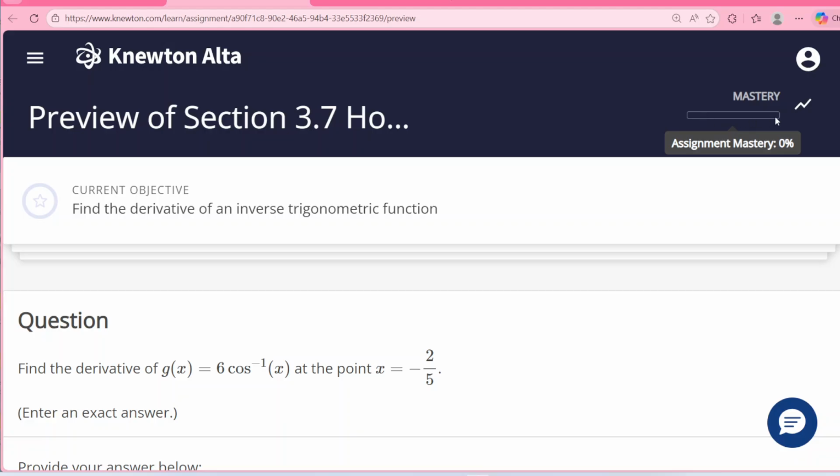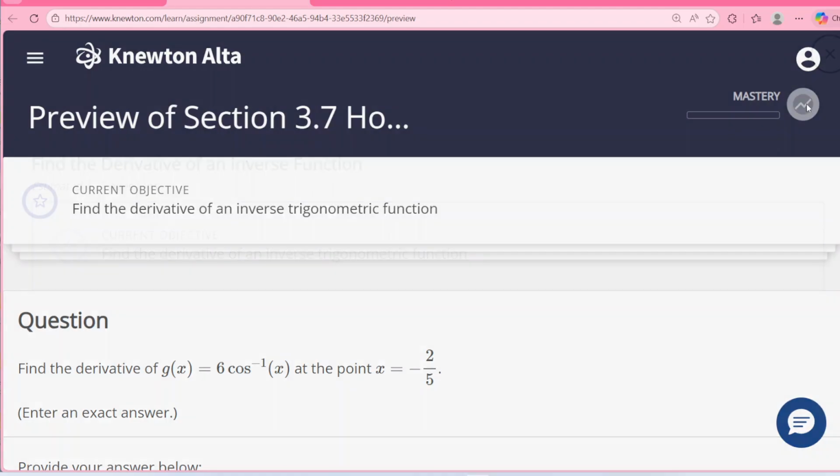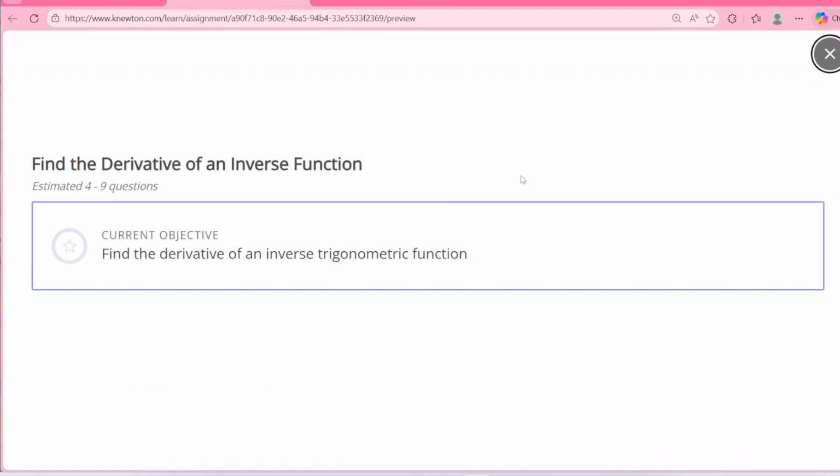This just tells you how far along you've gotten in the assignment. Next to that, an activity log, which shows you all the objectives of the assignment. So this particular assignment has just the one objective. So you'll be doing the same objective for every question here.